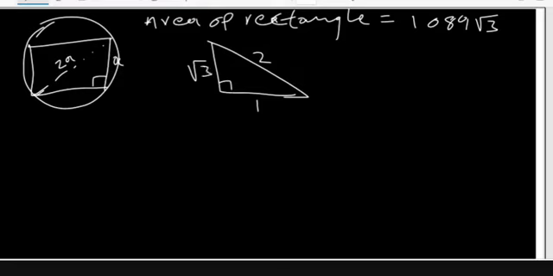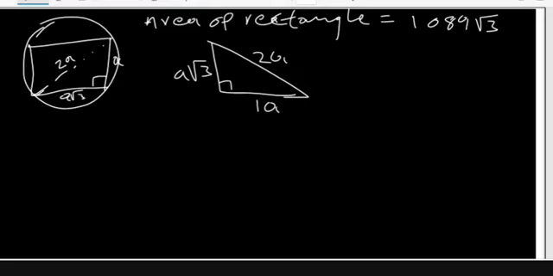If I multiply everything by A, here is A, that is 1A, and here is root 3A, or A root 3. So we can label here A root 3.